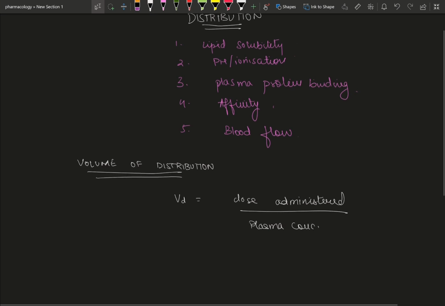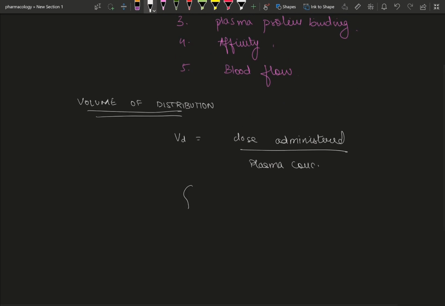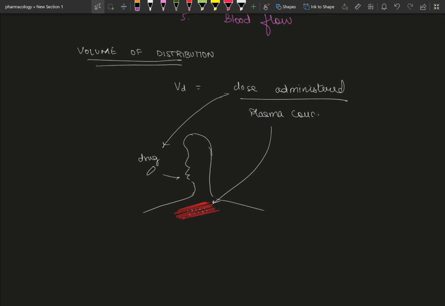Dose administered upon the plasma concentration of drug. So let me give you an illustration so that you remember it quite well. This is the drug, and here we have, let's say, the blood or the plasma, you can say.